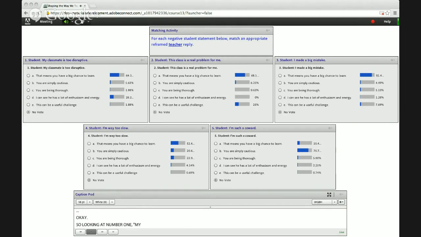Remember when we talked about disruptive, what were some of the options for reframing disruptive that were appropriate?